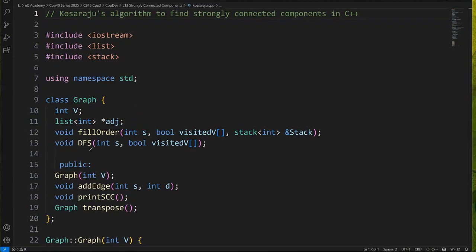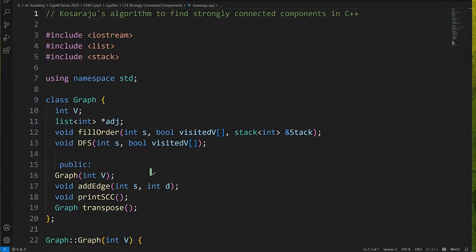And then you have a depth first search function, and you have a fill order. And then you have add edge and print strongly connected components, and you have a transpose function. So when you start your graph, you will create a graph with V number of vertices.